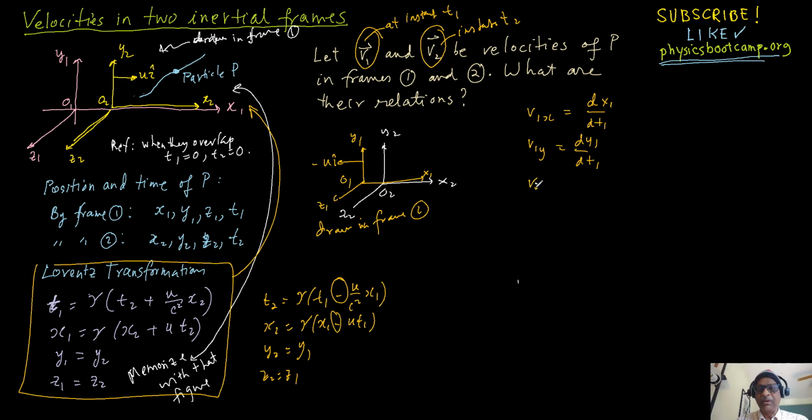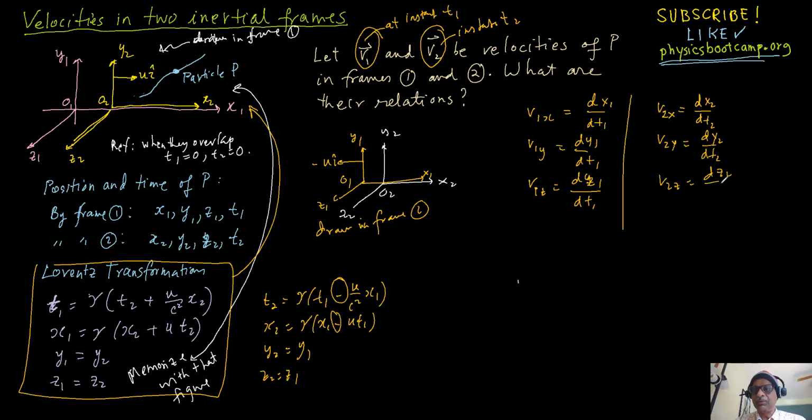And v1z, so it's just your regular kinematics. Similarly v2x will have its own x and its own t, so dx2 over dt2, and v2y will have dy2 over dt2, and v2z will have dz2 over dt2.